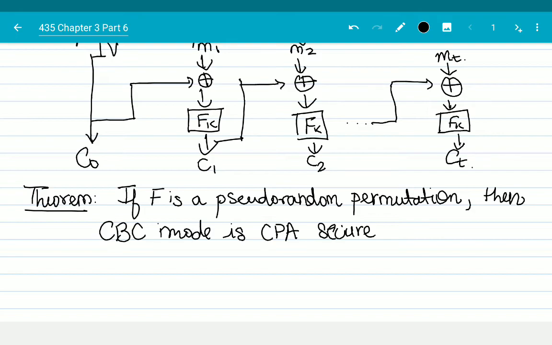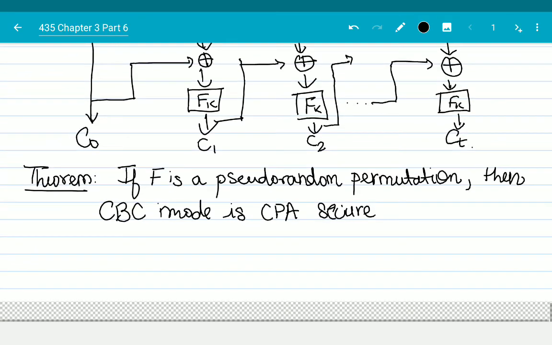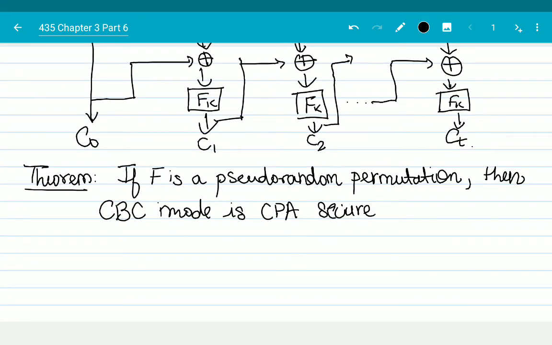You cannot do them in parallel. So if you have, for example, multiple cores processing, this is not the most efficient use of your multiple cores. You can't do Ci and Cj at the same time. The one that comes first has to be done first.